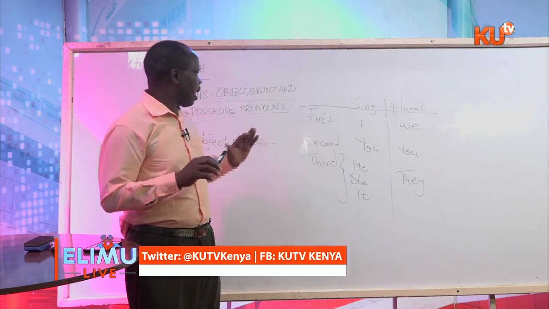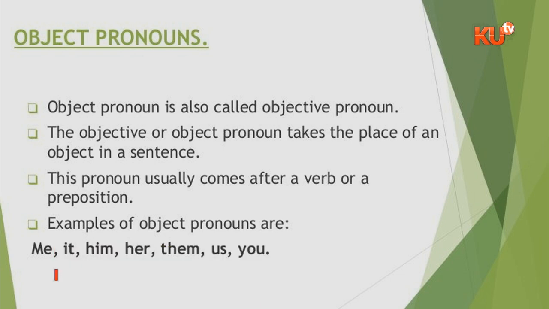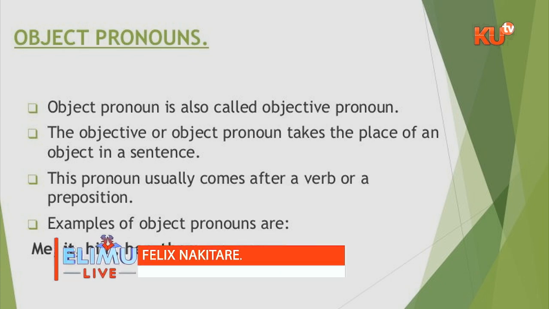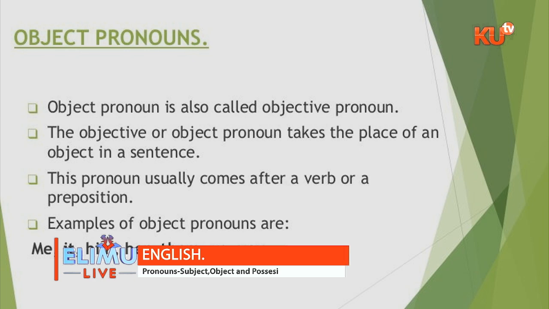So the second part after subject pronoun, we come to object pronoun. And what is object pronoun? Object pronoun is a pronoun that is used in the place of an object in our sentence. You may find somebody calling it object pronoun, and elsewhere it will be referred to as objective pronoun. That means the same, object pronoun or objective pronoun.